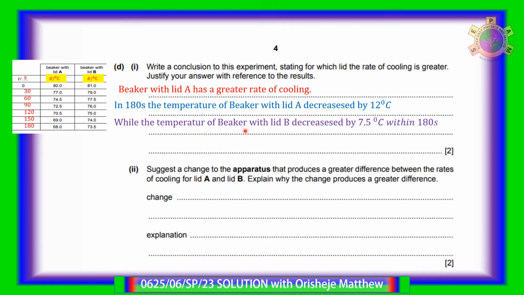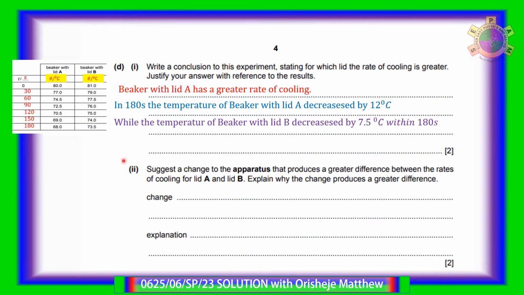While the temperature of the beaker with lid B decreased by 7.5 degrees Celsius within the same 180 seconds.